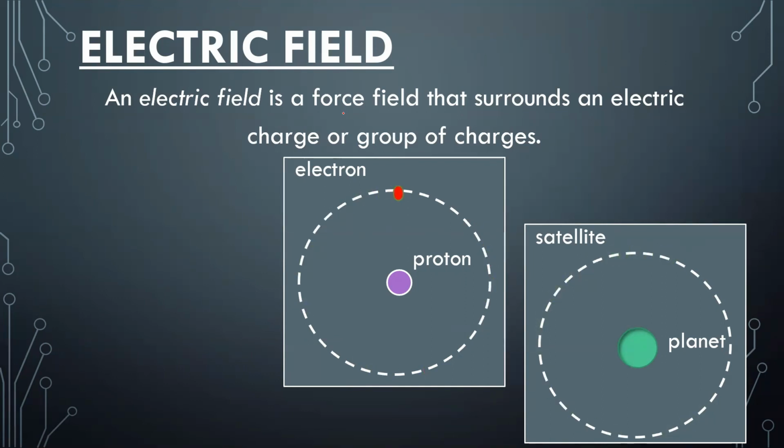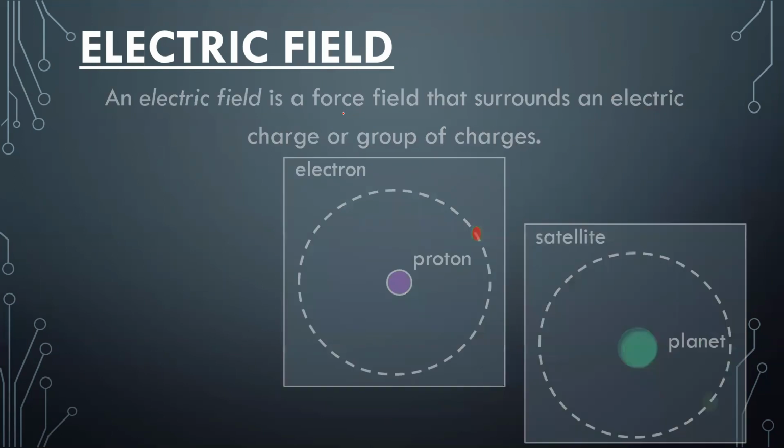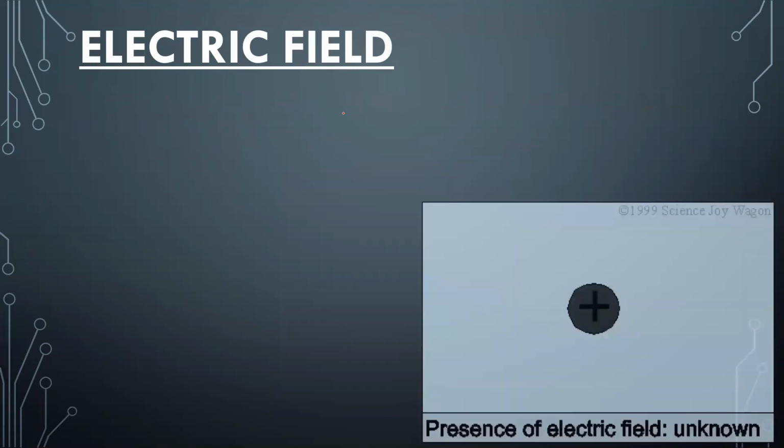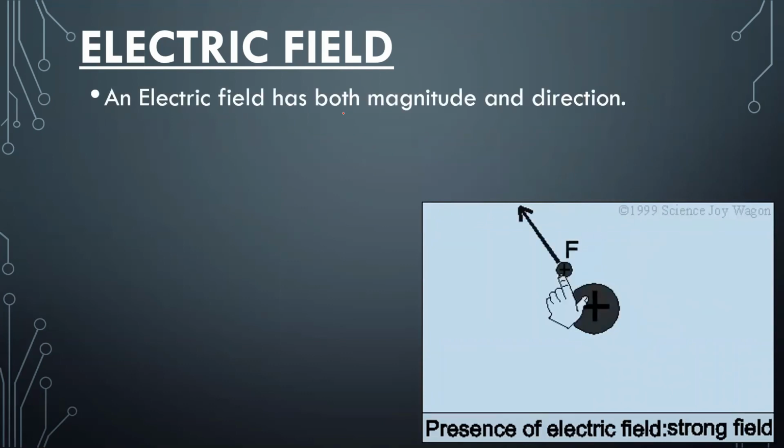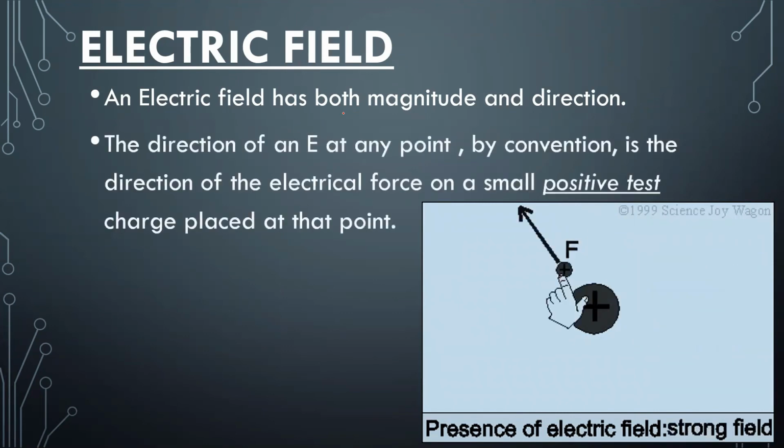And with this, electric field has an equation. Okay, electric field has an equation. So it has both magnitude and direction. And the direction of an electric field at any point by convention is the direction of the electrical force on a small positive test charge placed at that point.